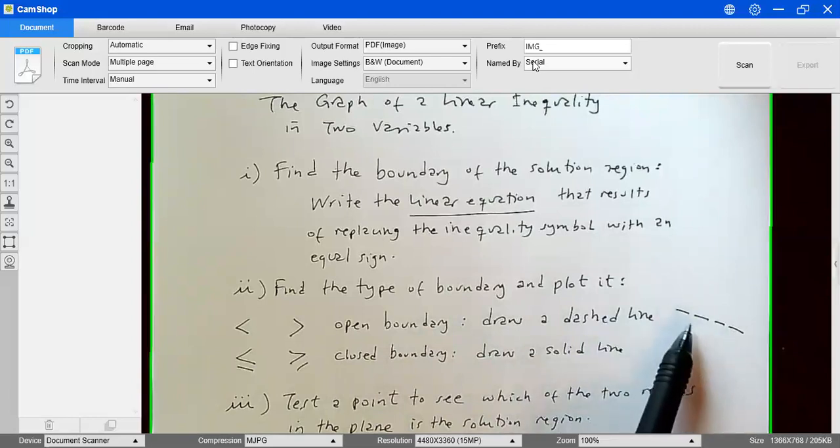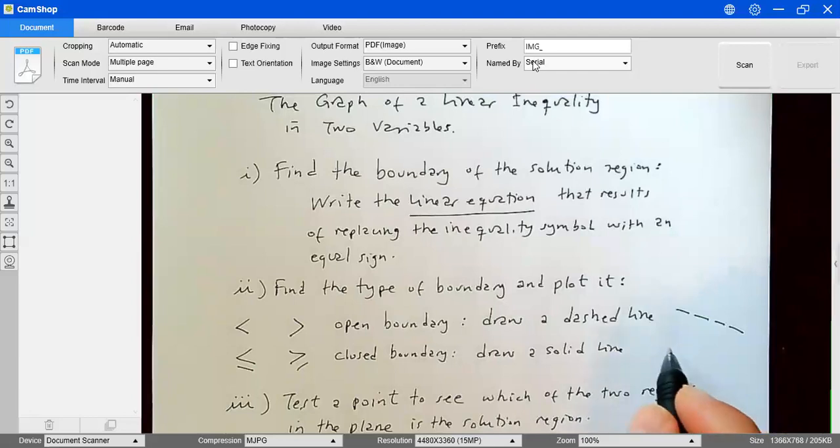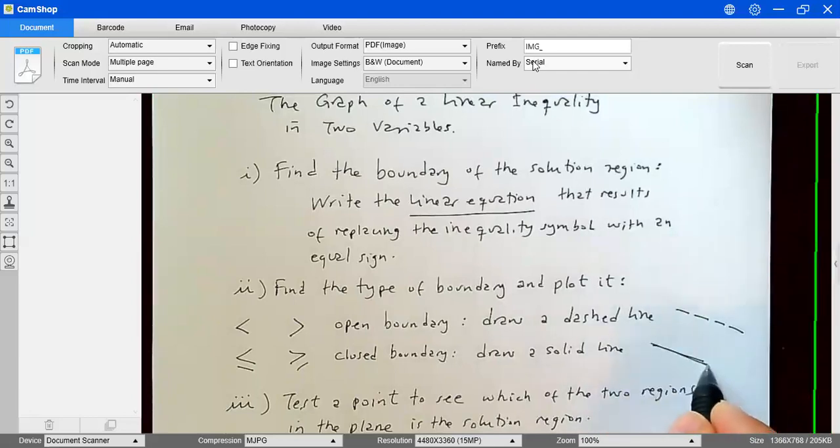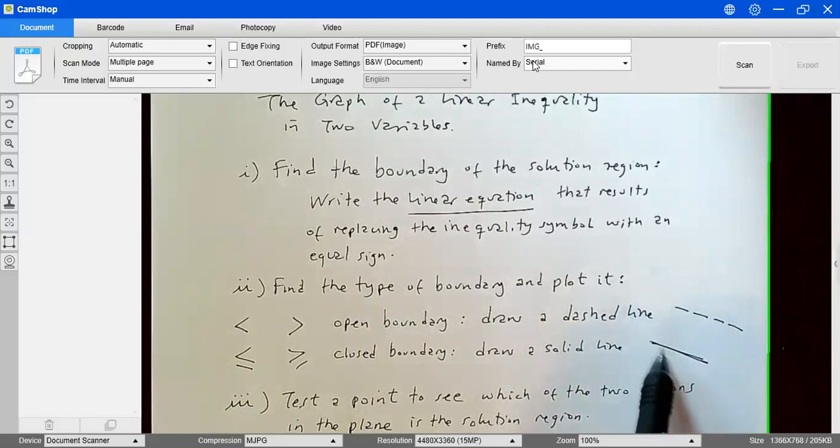So this is going to be an open boundary. If you have the equal sign embedded into the inequality symbol, then you have a closed boundary, and you need to draw a solid line. So that is going to be the difference. So this is equivalent to the open or the empty dot when we had an open boundary on the number line, and this is equivalent to the filled dot when we have the closed boundary on the number line.